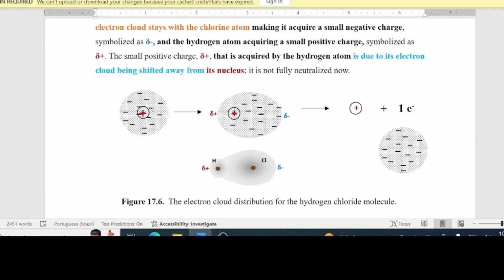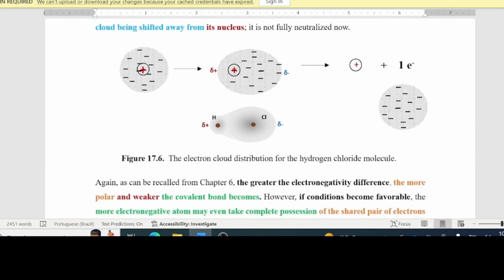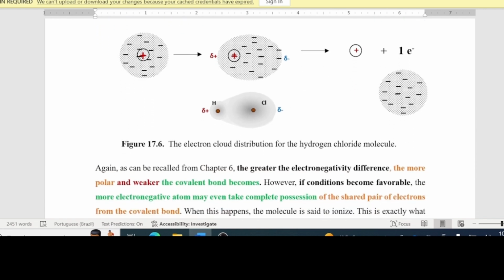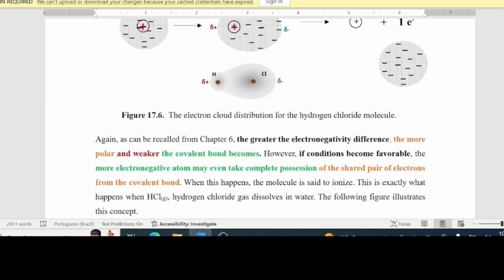Something similar is happening in the HCl molecule. We've spoken about this already, but we're just reviewing this because we're talking about why this will ionize. This is HCl. You can see chlorine is pulling a greater share of the electron cloud towards itself. As such, it acquires a small negative charge here, and it leaves that with a small positive charge there.